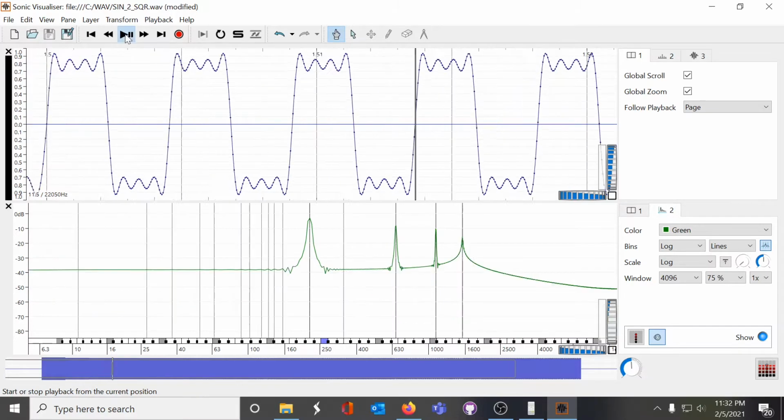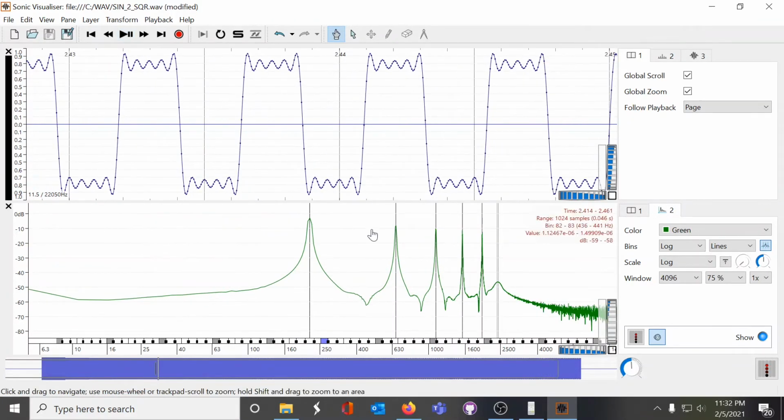Continuing on. Now we have the fundamental, the third, the fifth, seventh, and the ninth. We know it's the ninth harmonic because 1980 divided by 220 is equal to 9.